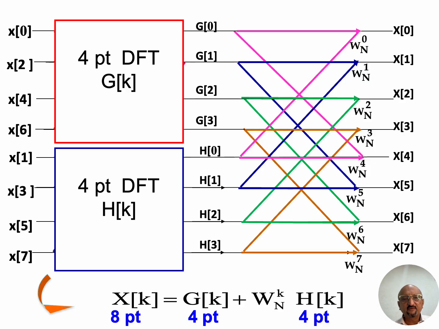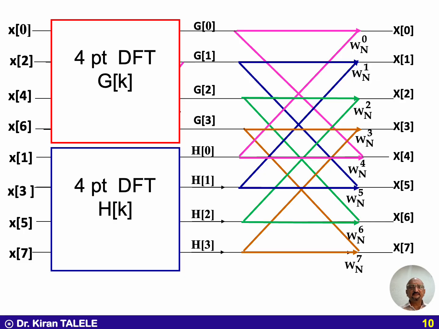Now, in this first step, we have calculated G of k, assuming that G of k is done by DFT. But the same thing can be done using the FFT flow graph. The FFT flow graph for N equal to 4 we already derived. So let's replace this DFT block by the FFT flow graph. When we replace this DFT block by the FFT flow graph, the input order will change.